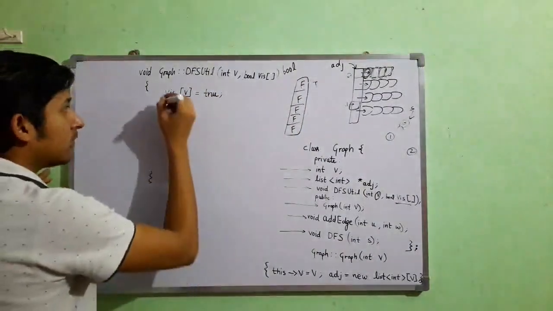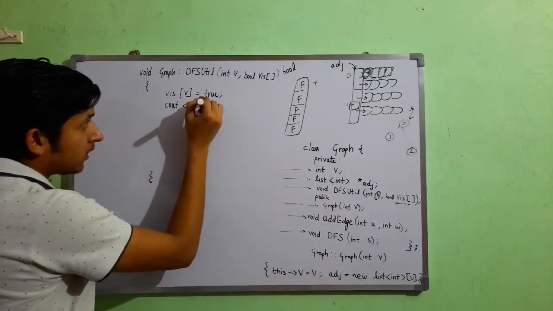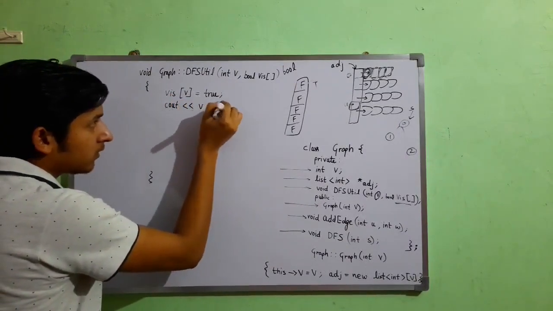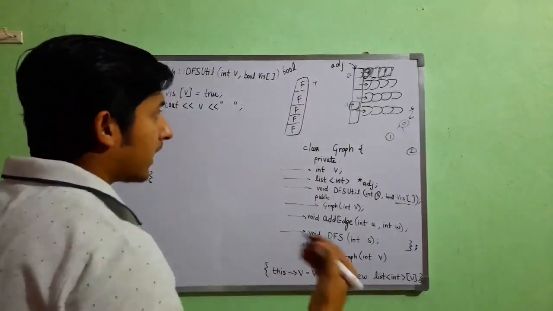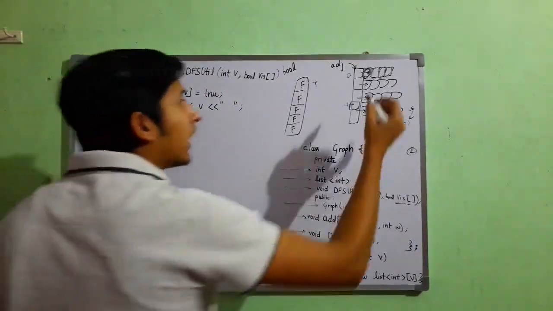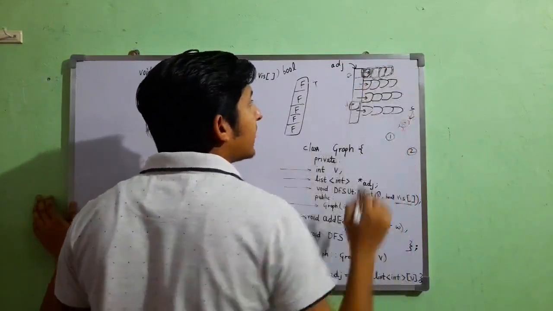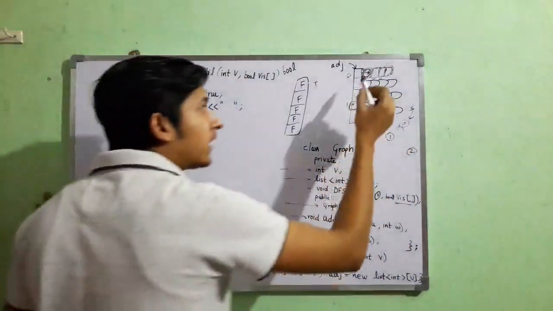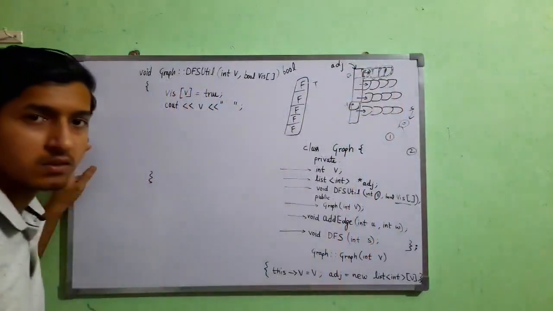Simple. Now I printed this and some space. Okay, fine. And after this I wrote a loop for all elements and call dfs util corresponding to each element.